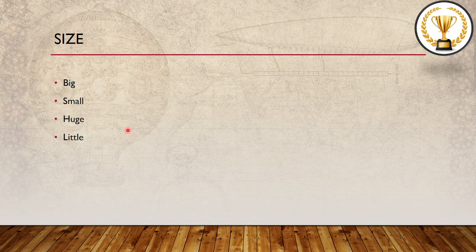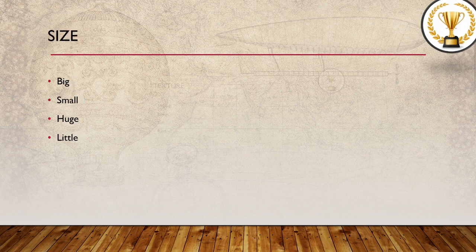So the description is small. So nouns can be described by an adjective like this. So size is one way of describing a noun. So big, small, huge, little are examples of adjectives according to size description, right?